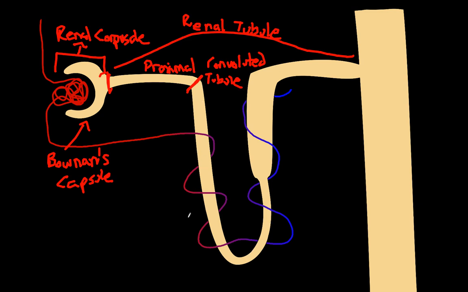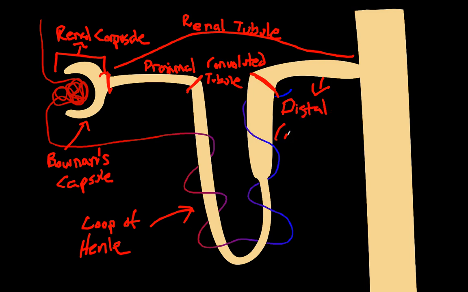This is what is known as the loop of Henle. And then we have this third section here. So the loop of Henle comes from here down, up, and then approximately stops here. And we get this last section here, which is known as the distal convoluted tubule.